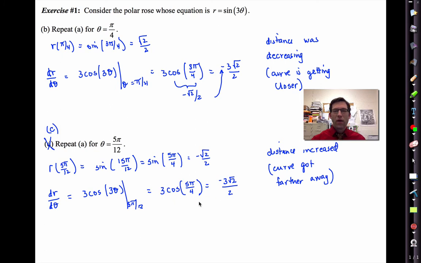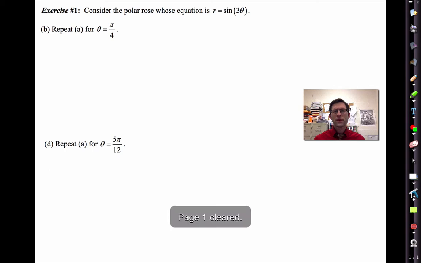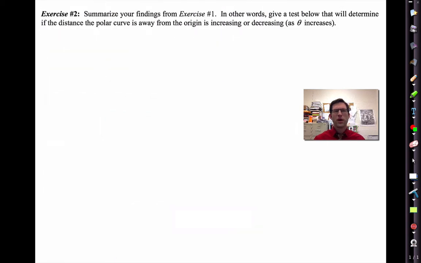So it's not all about this. It's not all about that. In fact, what was it all about? Let's clear this out and summarize what we saw. In letter A, we had a radius that was root 2 over 2, and r prime that was 3 root 2 over 2, and a distance that was increasing.